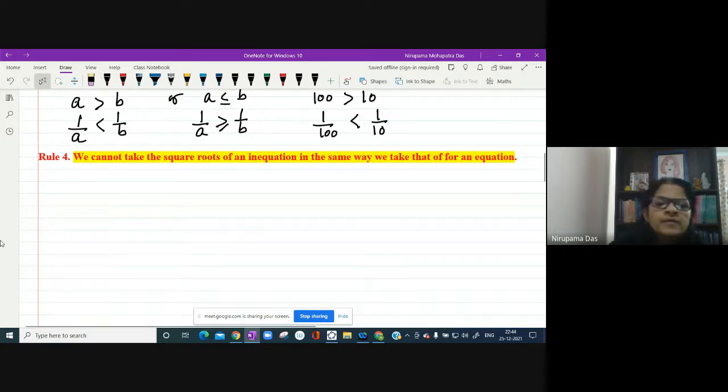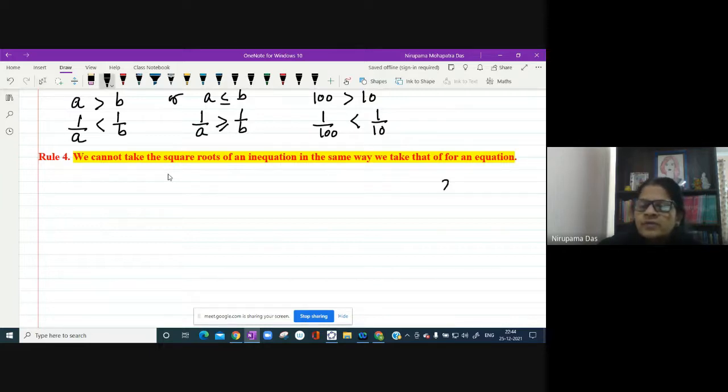Obviously you can compare. Fourth one, rule number 4 is we cannot take the square roots of an inequation in the same way we take that for an equation. So it is not written we cannot take. It is written we cannot take the square root of an inequation in the same way we take that for an equation.